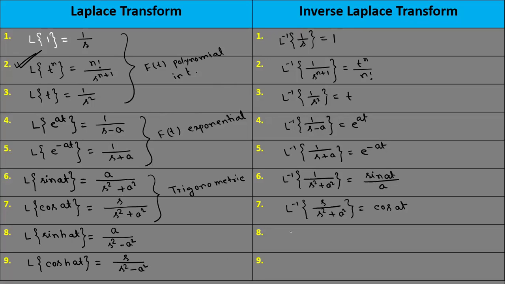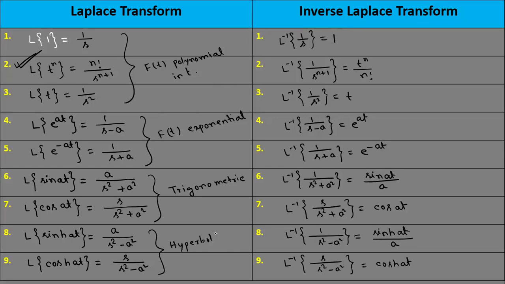Similarly, here Laplace inverse of 1 by s square minus a square equals sine hyperbolic at divided by a. And Laplace inverse of s by s square minus a square equals cos hyperbolic at. These two formulas are for hyperbolic functions.